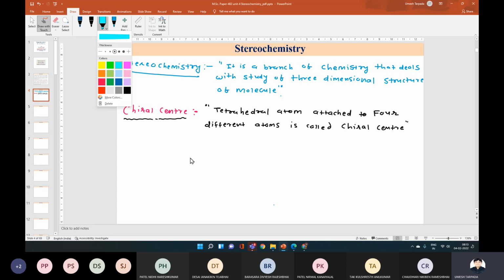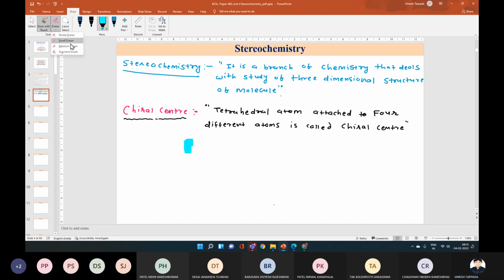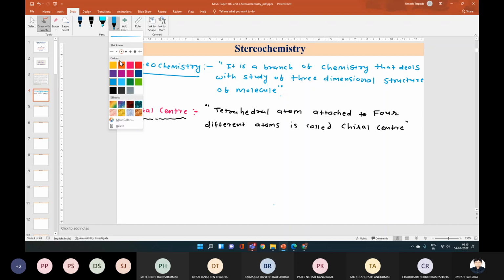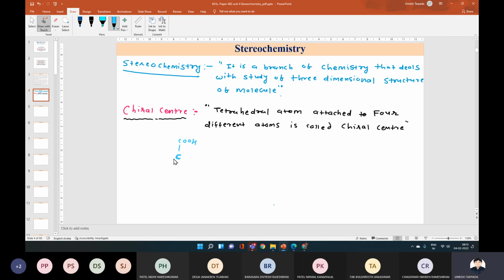Suppose you have a carbon which is attached with COOH group, four different groups.